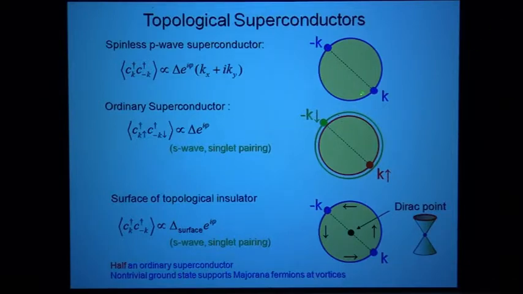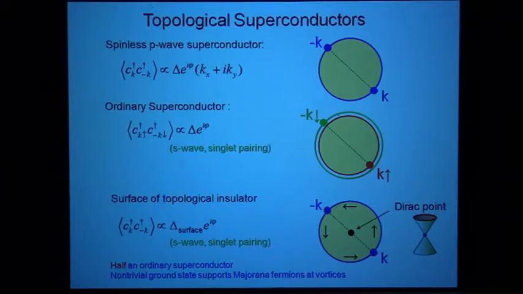But if you look at the surface of a topological insulator, if you are able to make it superconducting, you're pairing. So the surface of a topological insulator is only half of this, but it has the up spins and the down spins on opposite sides, and so you can do a singlet pairing of these, but you still only have half.